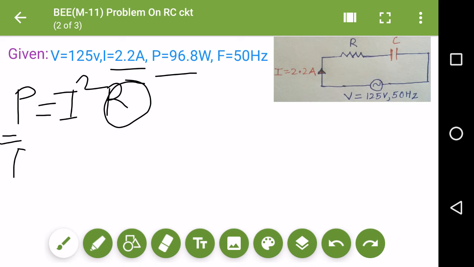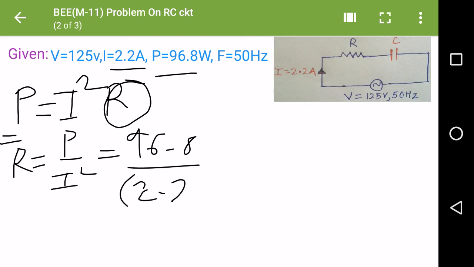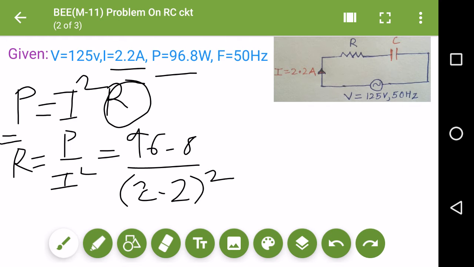So R is equal to P upon I square. By substituting the values, R equals 96.8 upon 2.2 whole square, where this is my current and this is my power.